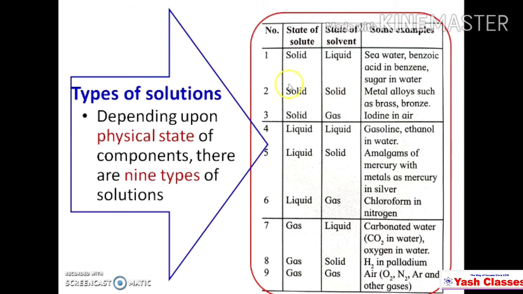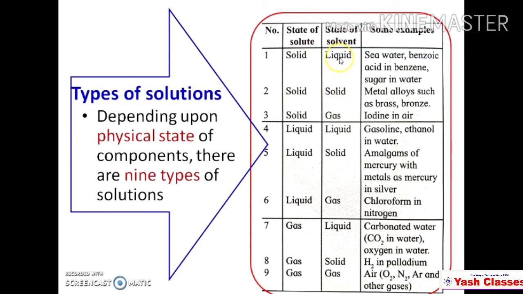Here in these 3 cases, the solvents are different, that is liquid, solid and gas, and when we dissolve a solid solute in these 3 solvents, the resulting solutions are solid-liquid, solid-solid and solid-gas.